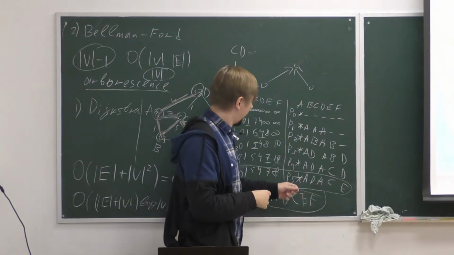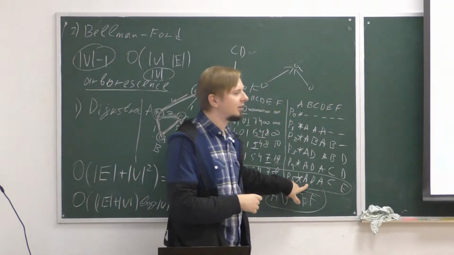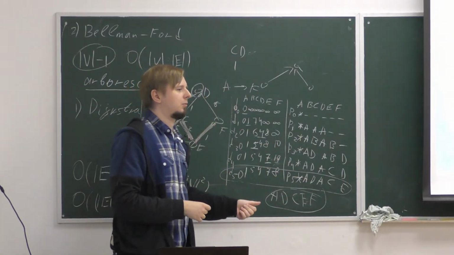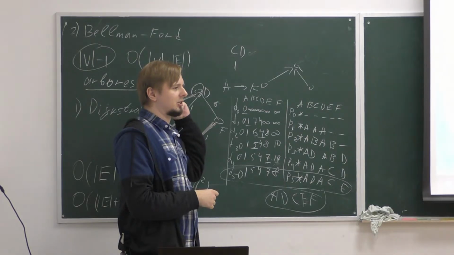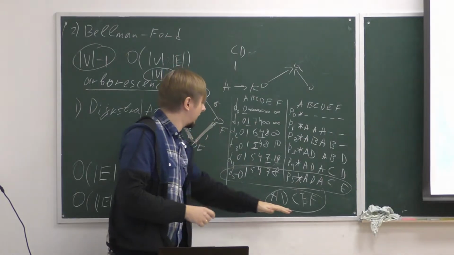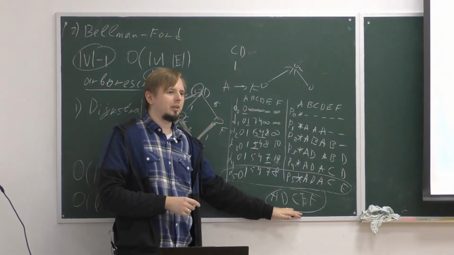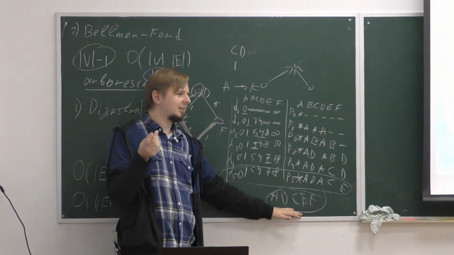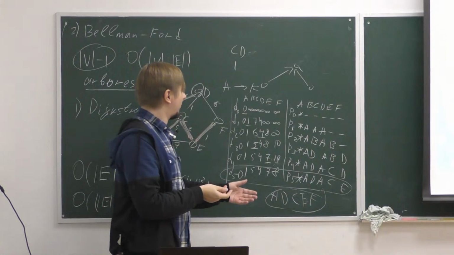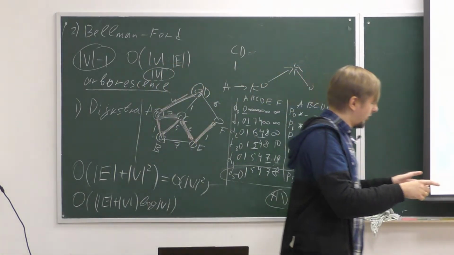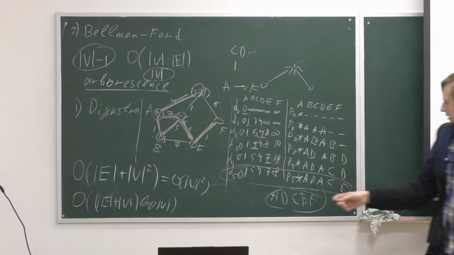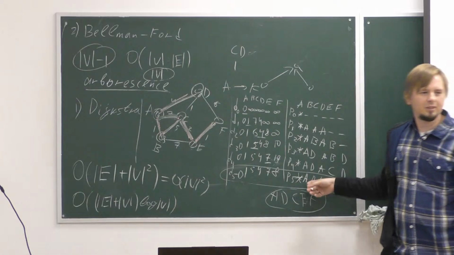And if we consider which vertex changes in this additional step and go in the opposite direction, from this vertex to the previous one and the previous one, like trying to calculate the shortest path, what will we find? A negative cycle. So with this algorithm, we not only determine that it exists, but also say where the negative cycle is.